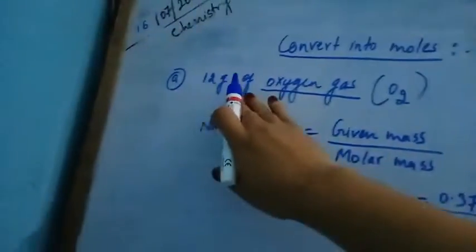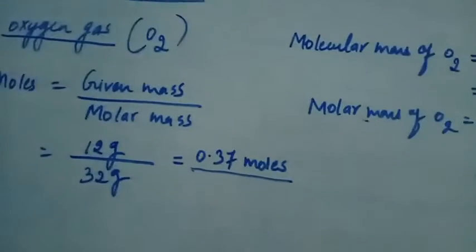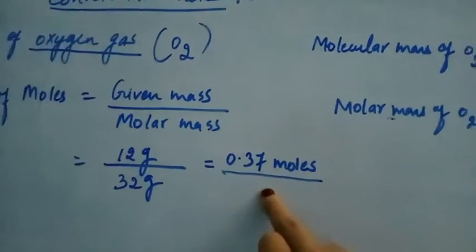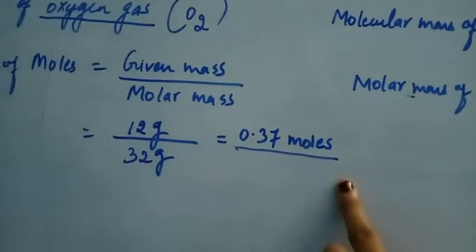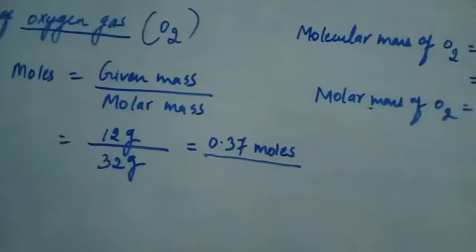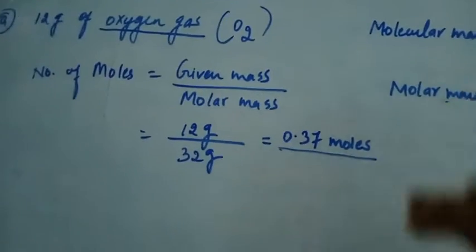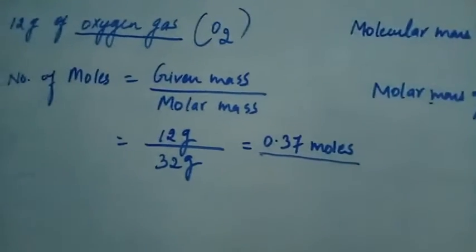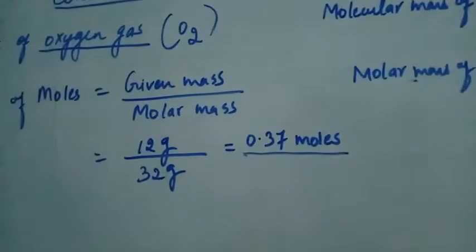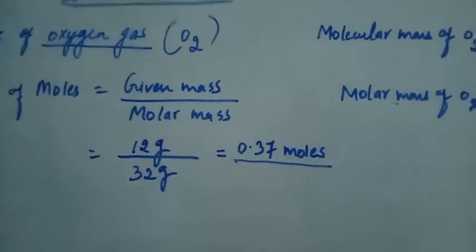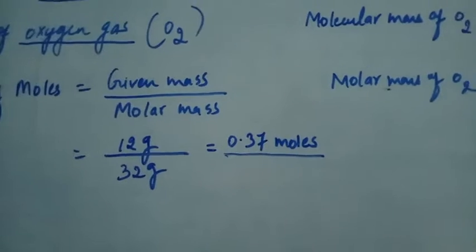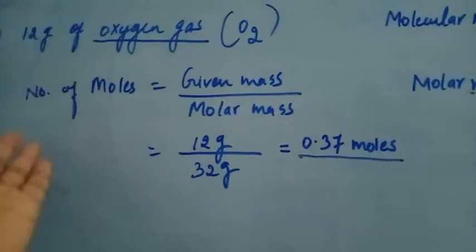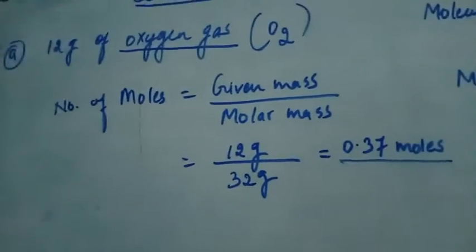So for 12 gram of oxygen gas you go for the unitary method, and you'll get the same thing, 0.37 moles. In the homework also I'll give you questions based on the exercises we are solving here, and I expect you to solve the problem in both methods, the unitary method and by applying the formula.